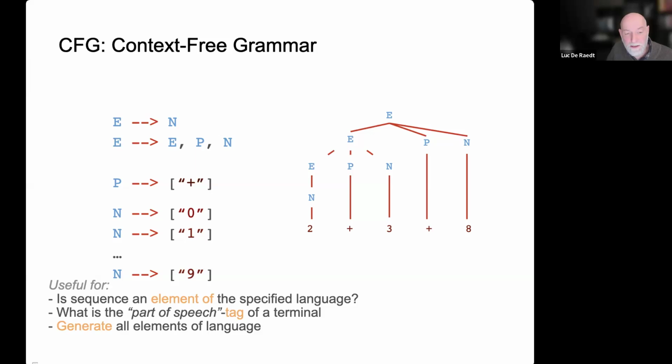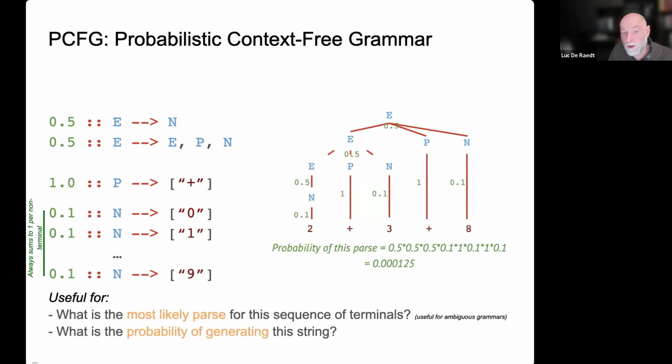Now, context-free grammars are beautiful and have been studied for ages. And there were two orthogonal extensions of these grammars that have been introduced a long time ago and are well known. One is the probabilistic version. What you do in probabilistic extensions is, for every set of rules defining one non-terminal, like here E, there is a set of parameters that sums to 1.